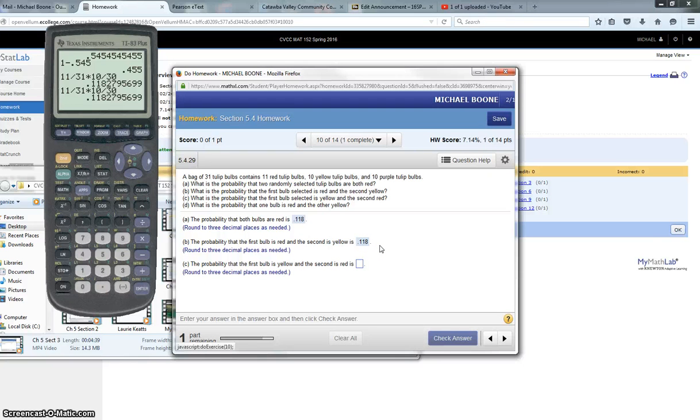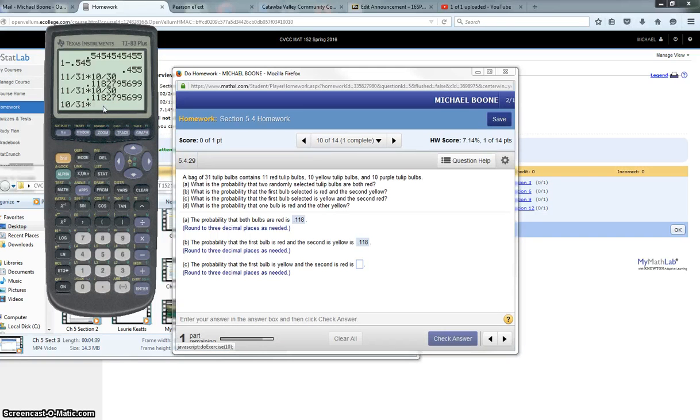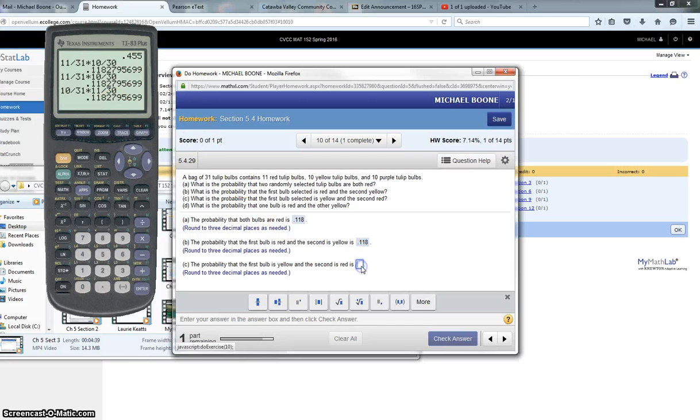Yellow then red, well, there's 10 yellow starting off out of 31, and then there are 11 that are red, but again I only have 30 bulbs left to pick from. So I have 0.118 again. The answer is not always 0.118, just to clarify that.